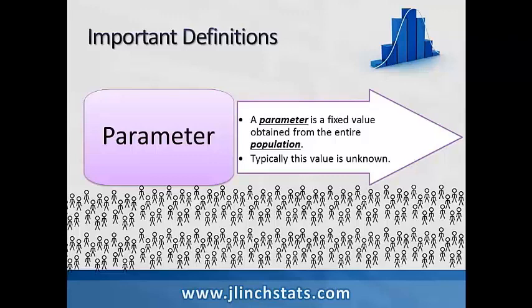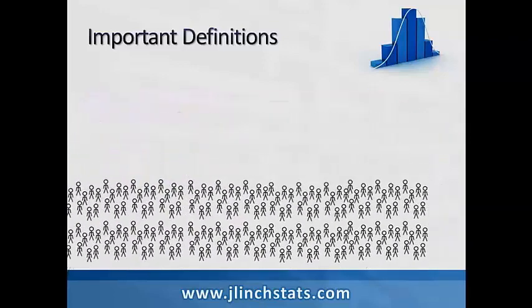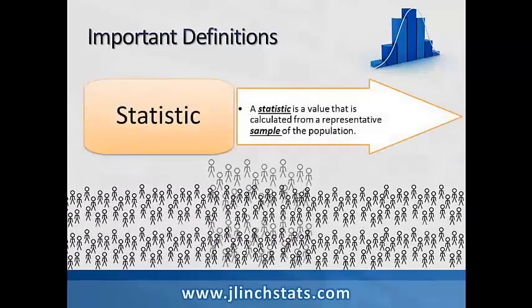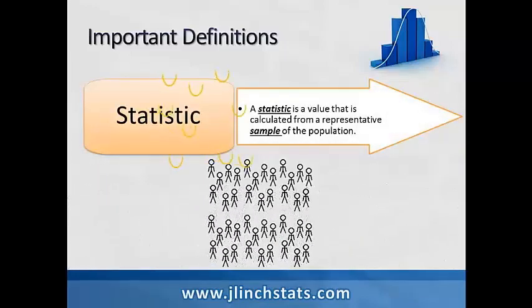Oftentimes we want to know the attributes or the values of a parameter, and unfortunately, because our populations are so large and we're unable to do a complete census on the population, we're going to have to estimate parameters. And in particular, when we talk about center, we're going to take a look at the different values of parameters from a population, and in particular we're going to talk about the mean and what its value is as a parameter.